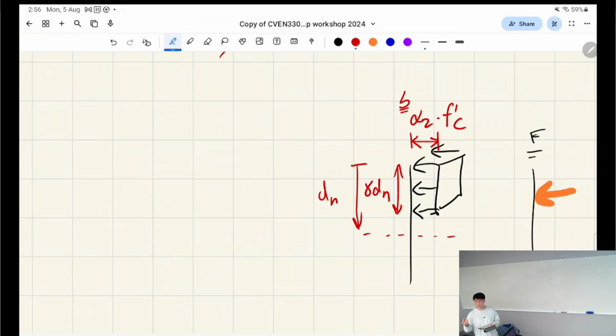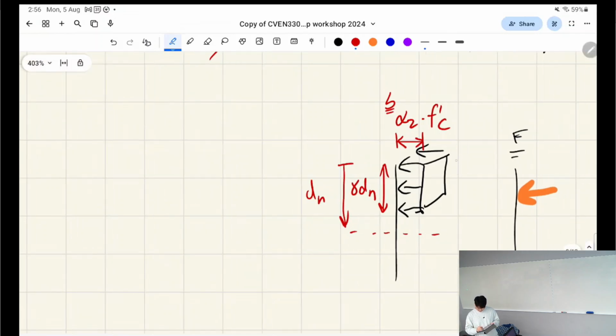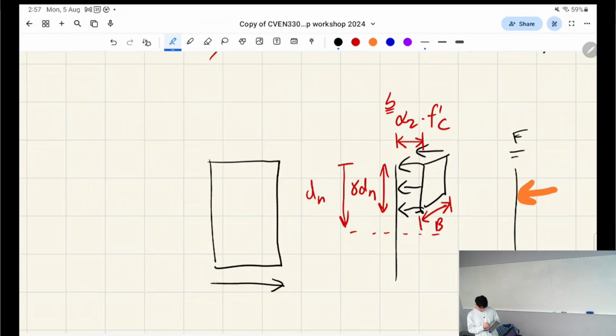So alpha 2 is also a reduction factor, right? It's reducing how much strength we say the concrete has. And this dimension here is the width of the concrete, okay? It's this here.